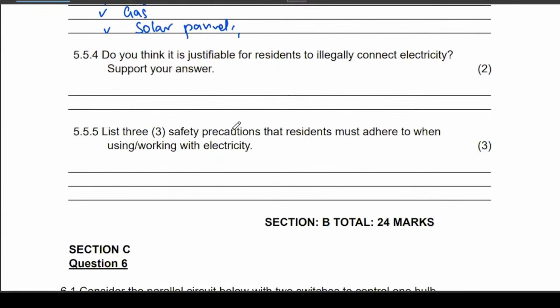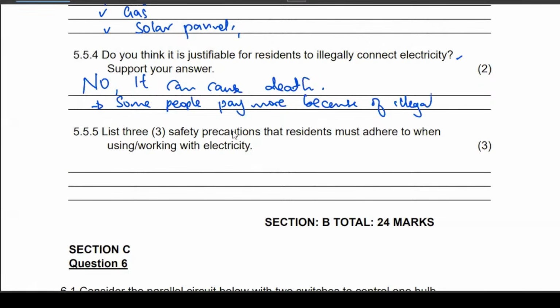And then 5.5.4, do you think it's justifiable for residents to illegally connect electricity? Support your answer. So this depends, but ethically, it's a no. Why? Because the dangers are more than the benefits. It can cause death. And then the other thing is that it's a disadvantage because some people will pay more because of the illegal connections.